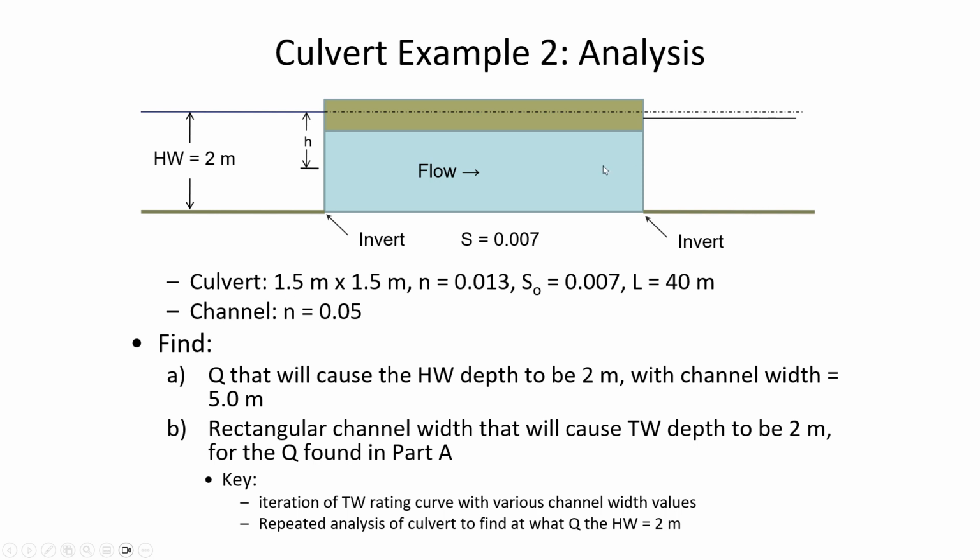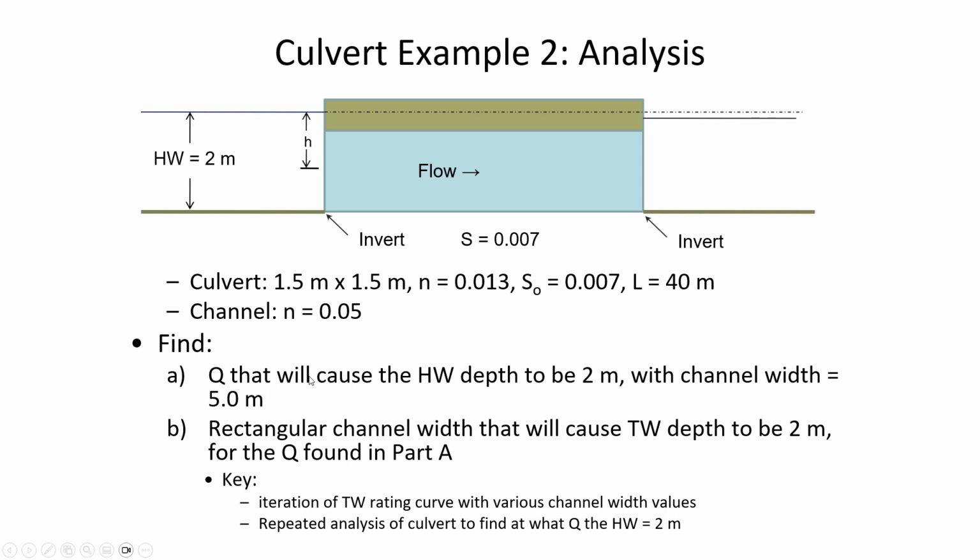So the analysis we'd want to do here is find out what flow rate will cause the headwater depth to be 2 meters, where the channel width is 5 meters. That channel, I guess we're assuming here, is rectangular. And then, if we move away from the 5 meter width, what would be the width that causes the tailwater depth to be 2 meters for the flow rate that we determined in Part A?